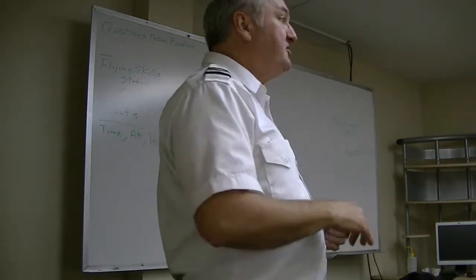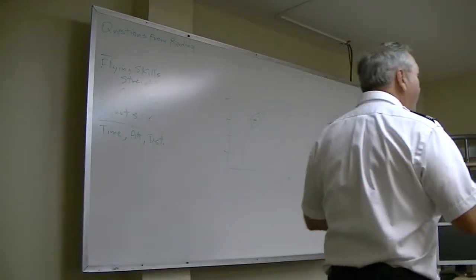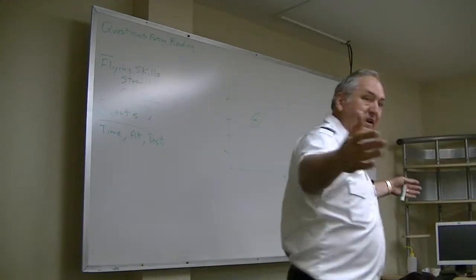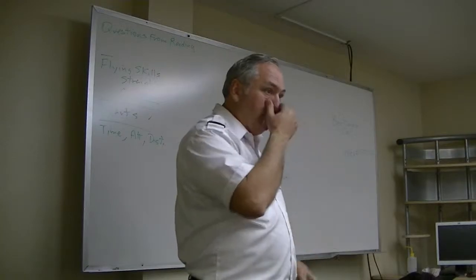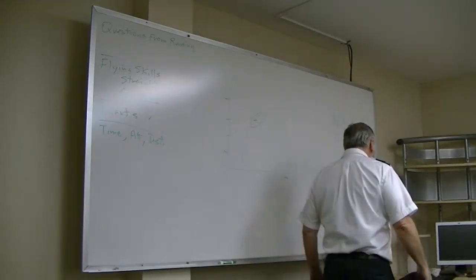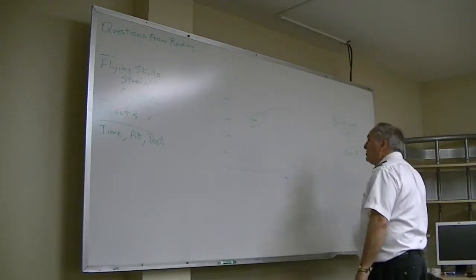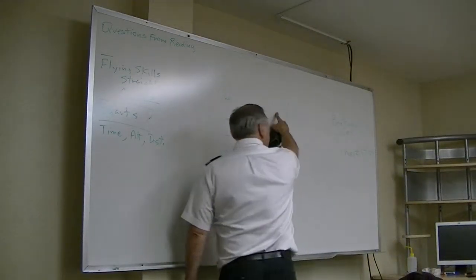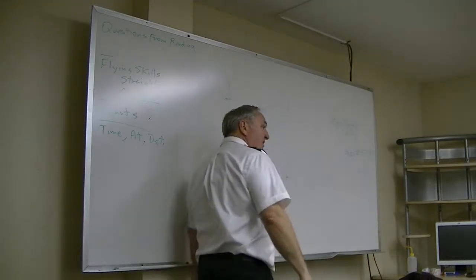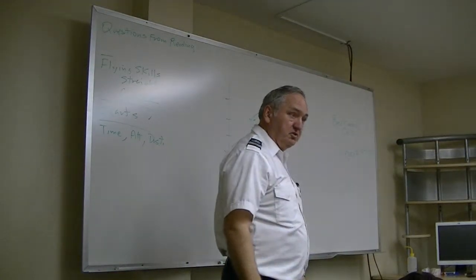If I bank it up any steeper, my sink rate goes up, and if I bank it up any shallower, my radius goes out. And I have to work myself in between the two of them. So, we can certainly practice in this area, but we have to learn to effectively work in this area in order to get the most use out of our thermal.